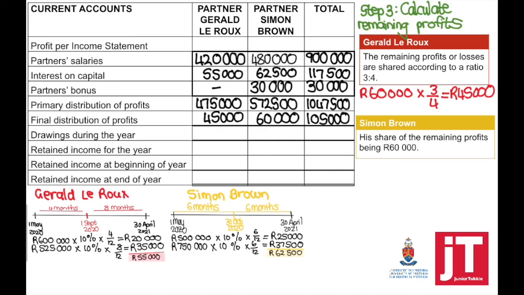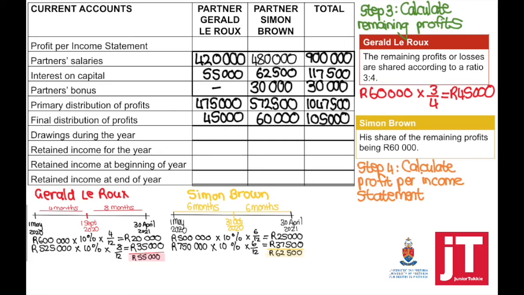I could have also said 60,000 times 7 divided by 4, and that would have been equal to 105,000. Now to calculate then, Gerald, we can take 105 minus 60,000. There are different options that you could have used in calculating it.